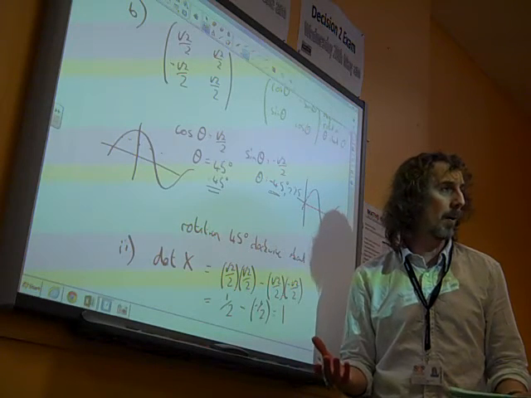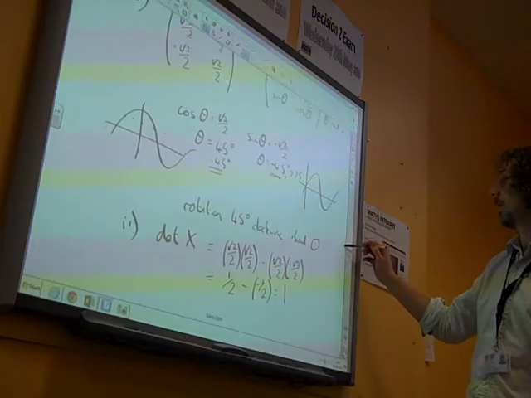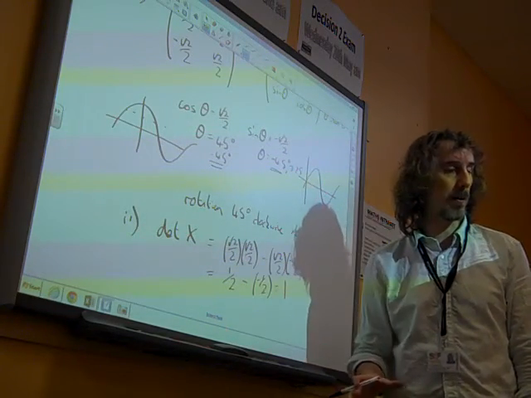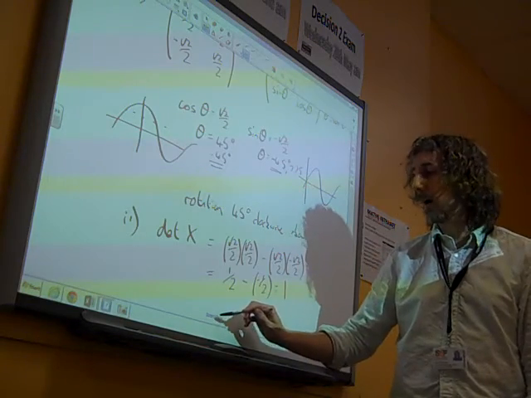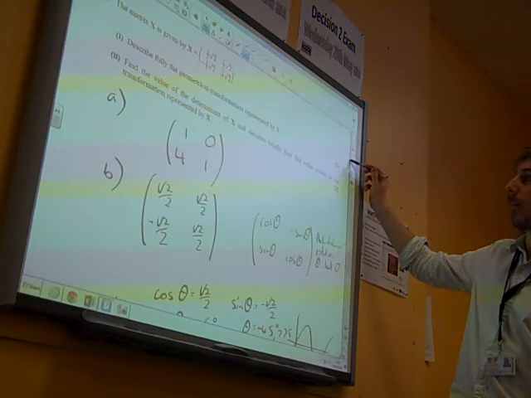We knew it was going to be 1 because it's a rotation, and a rotation means that the area of the shape doesn't change; it stays the same. It's just rotated around. So our answer for what this means, that's 1 mark for finding the determinant.